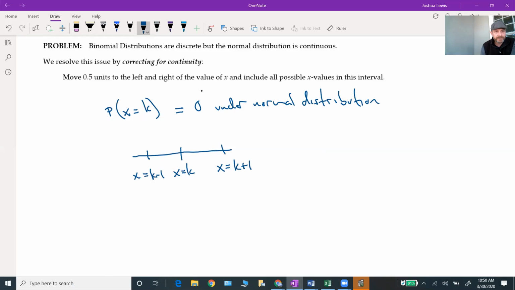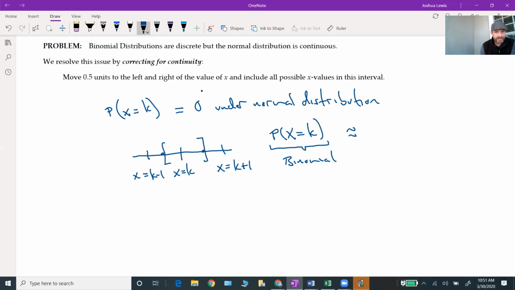And so what I'm going to do is say the probability that x equals k, from the binomial perspective, is approximately, and then watch this, I'm going to lengthen my interval. I want to trap k inside some interval. So I'm going to go from here to here.